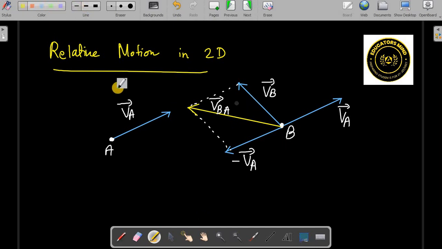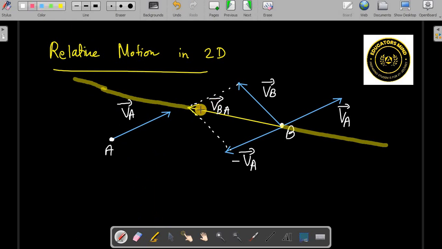So this is the line of motion of B with respect to A. So A will see B moving along this line. A will see that body B is moving along this line, going here like that, because direction of motion is the direction of velocity. Straight line it is going.